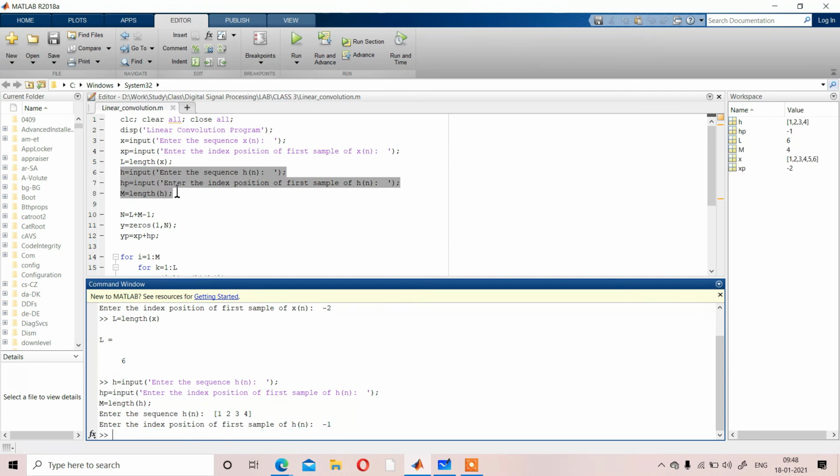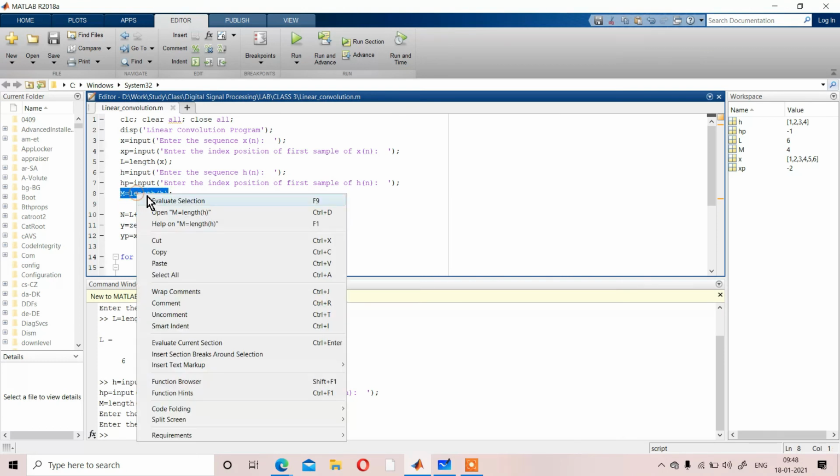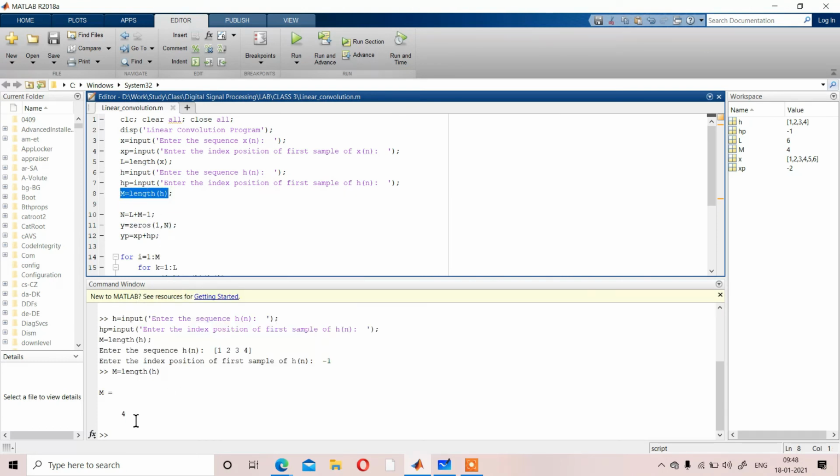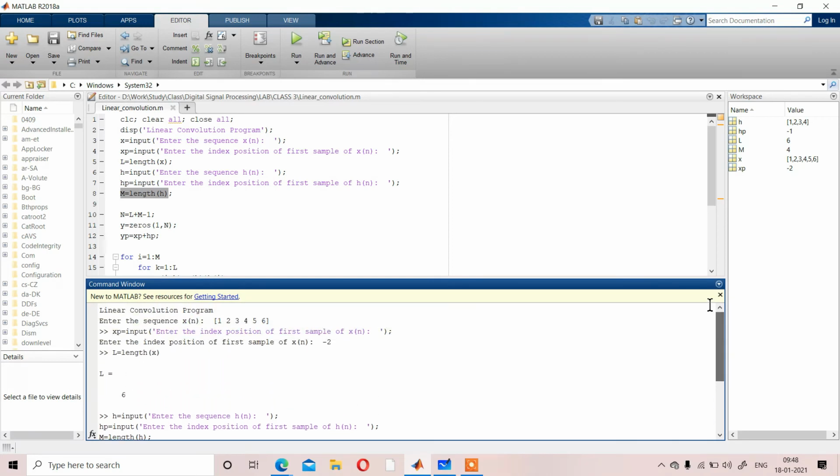Okay, a length of h, m is the length of h, so m equal to 4. According to that, length is 4, and according to that xn, length is 6.